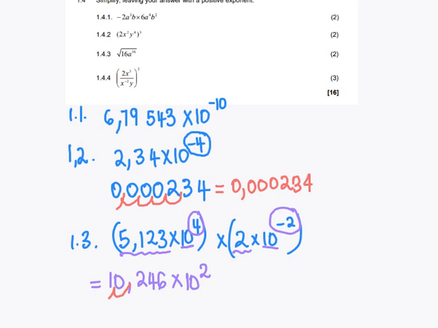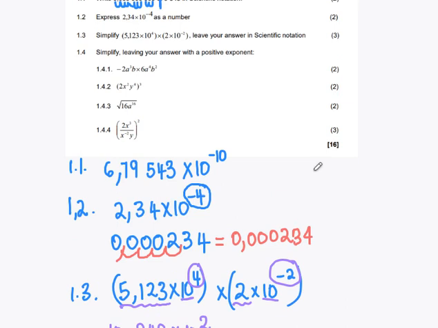So now our answer is 1.0246 times 10. Remember, when we move it forward, we add as many digits as we've moved it by. In this one, we moved it 1 digit forward. So we add the 1 to the 2. 2 plus 1, then the answer will be 1.0246 times 10 to the power 3.